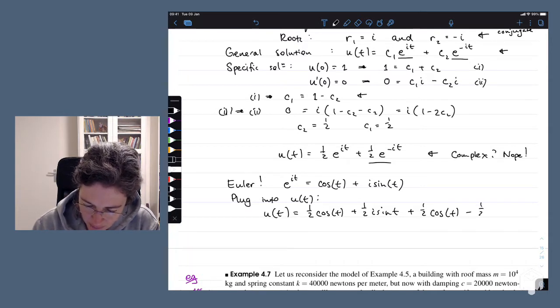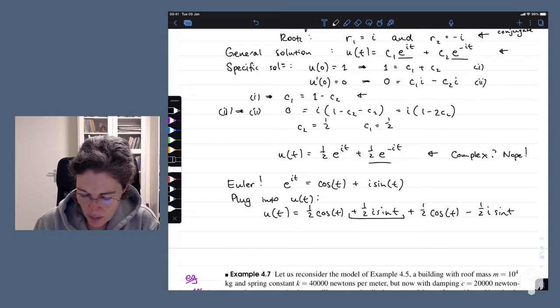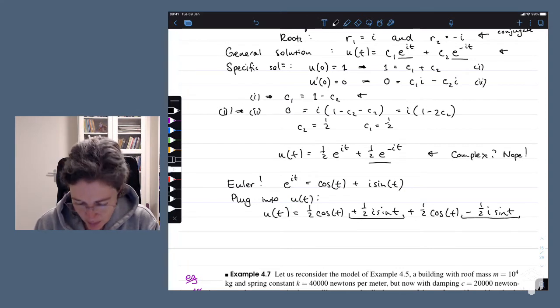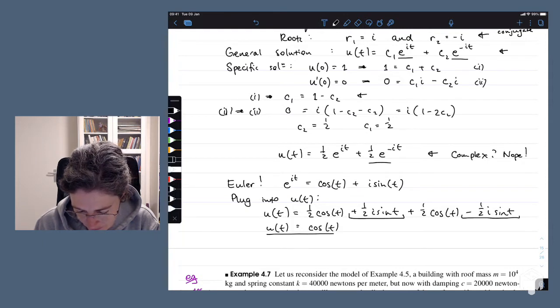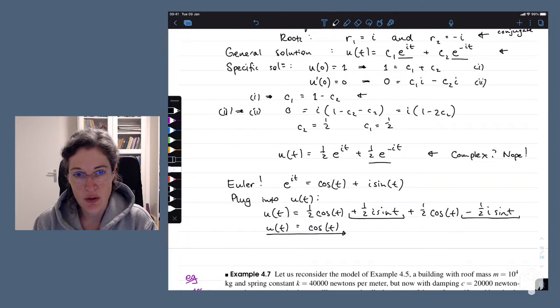So we get a half minus i sine t. And the good thing about all of this is that this complex term cancels with this complex term. So in fact, we just end up with cosine of t as our final specific solution in this case.